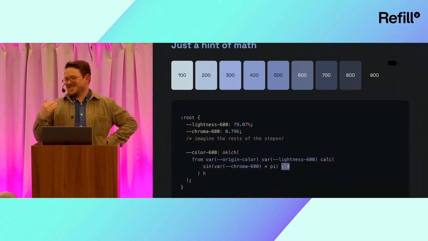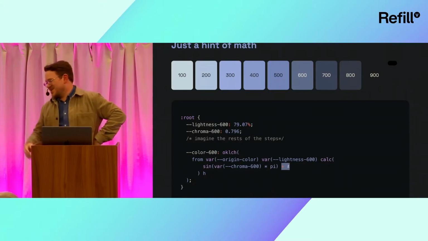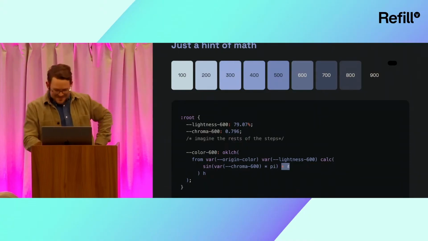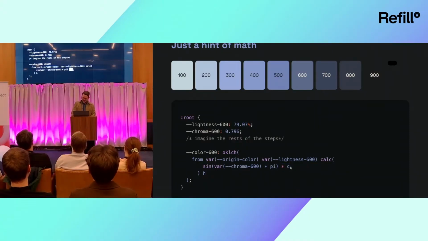You could just multiply it by pi and get a sine curve, but the important thing is that it works. And then use the C value from the color we picked, right?